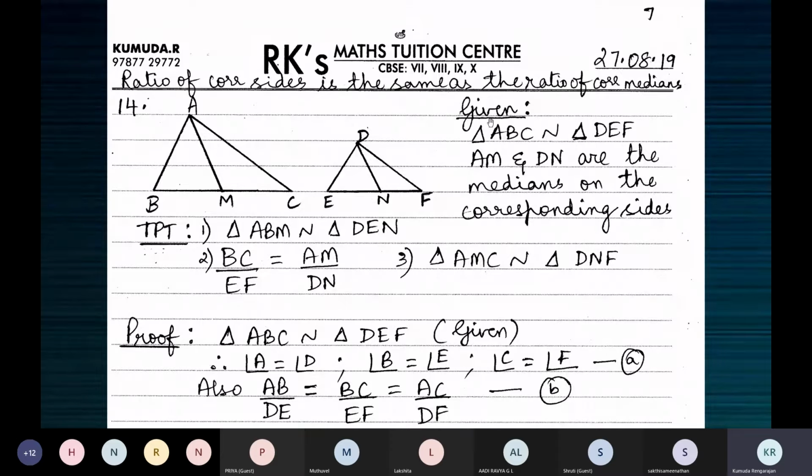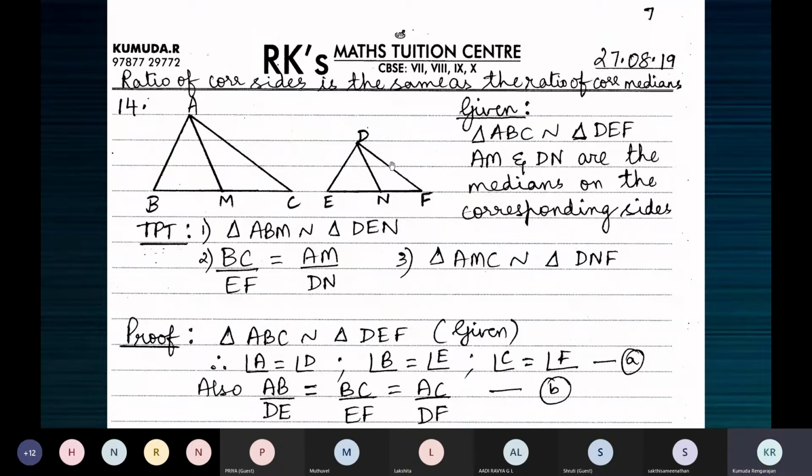So then you have to take up two triangles like this. You can call them A, B, C, D, E, F, P, Q, R, X, Y, Z, whatever. So this is how the proof will go. We're given two similar triangles, not two triangles, two similar triangles. So this is the triangle DEF given to us.